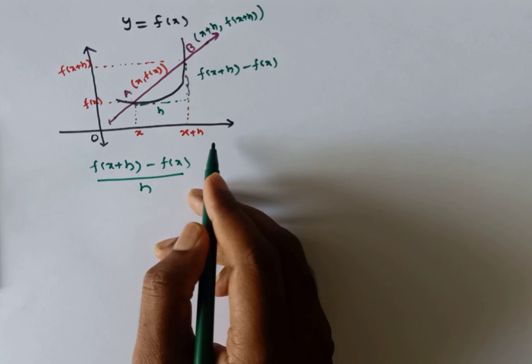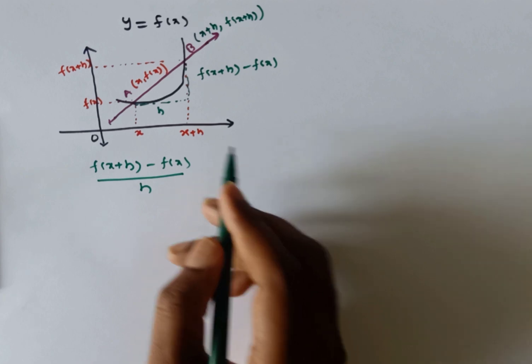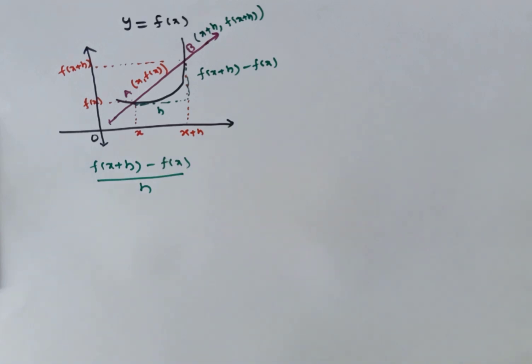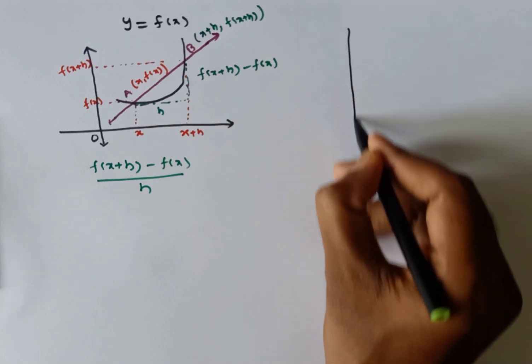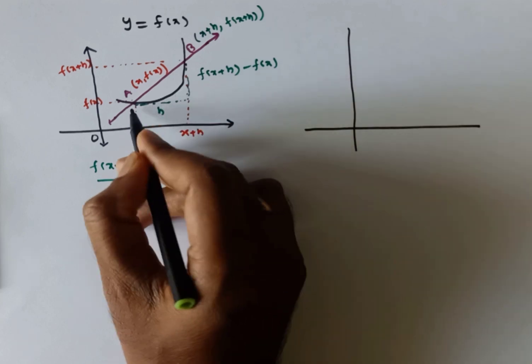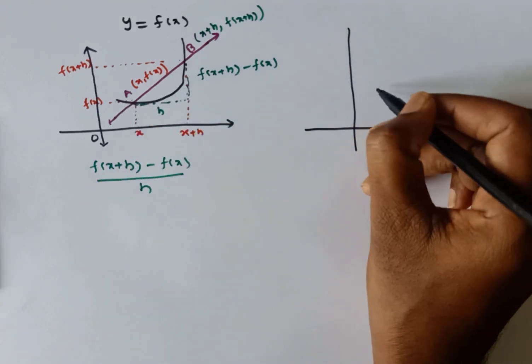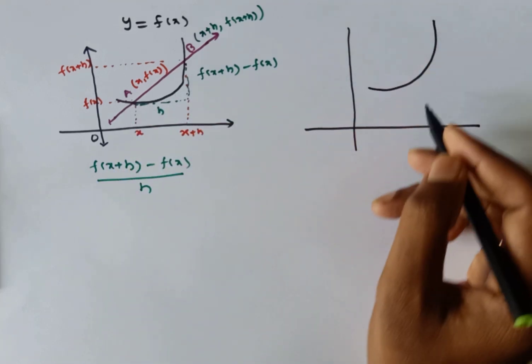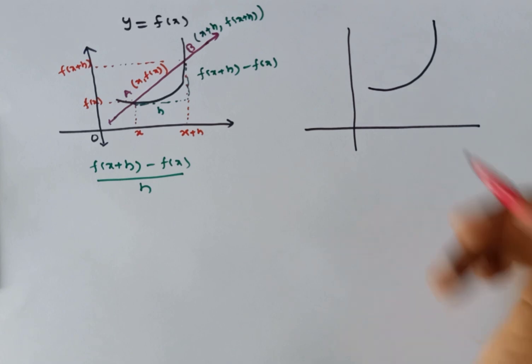As h goes to 0, what happens? The graph will look like this. The h value goes to 0 and the line coincides with the point A, so the line will be like this.